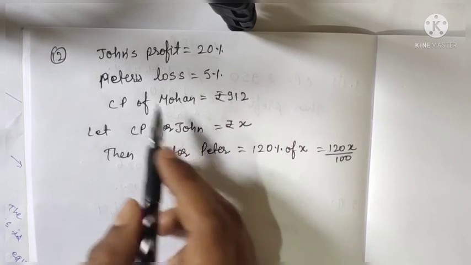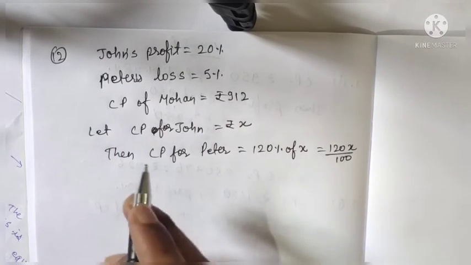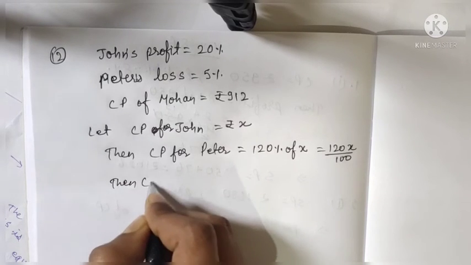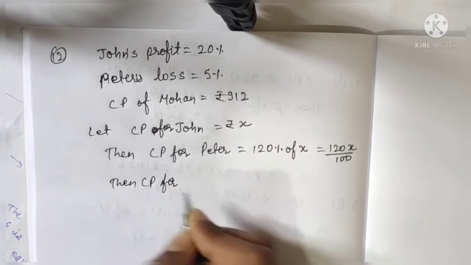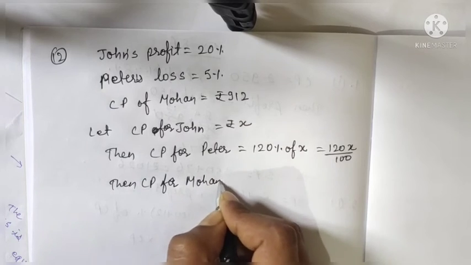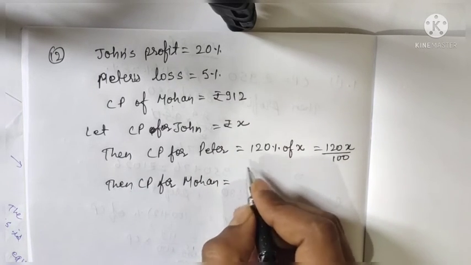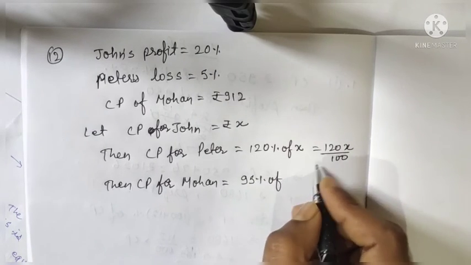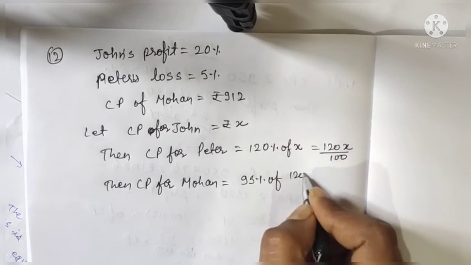And since Peter sold it to Mohan at 5% loss, CP for Mohan will be equal to 100 minus 5, that is 95% of CP of Peter, that is 120X by 100.